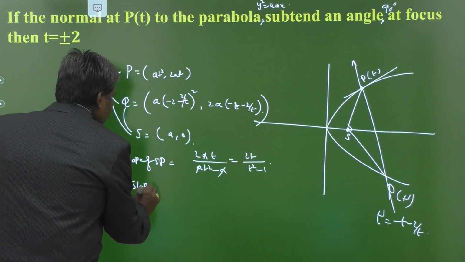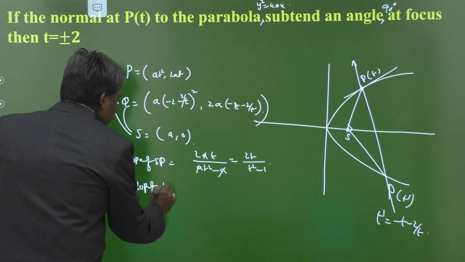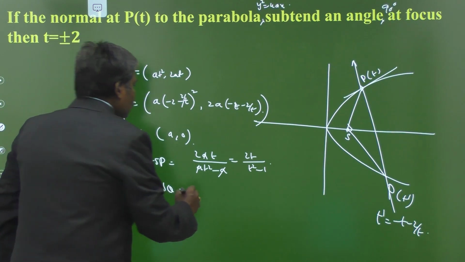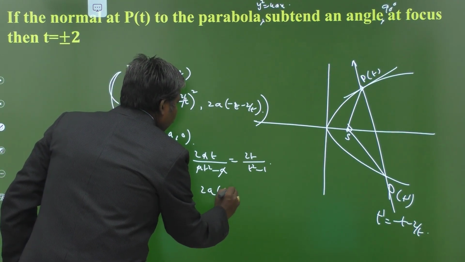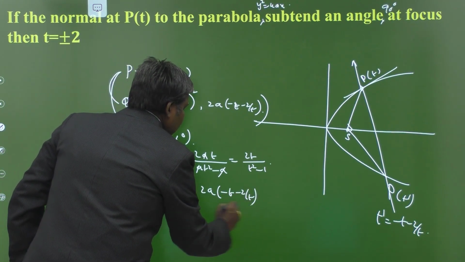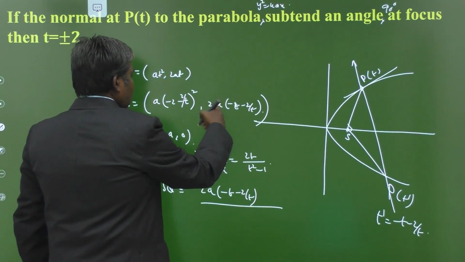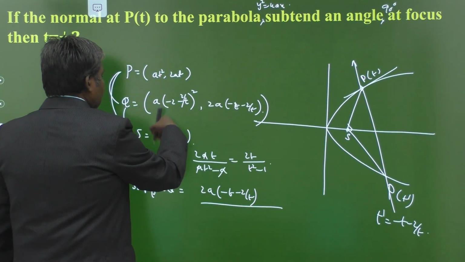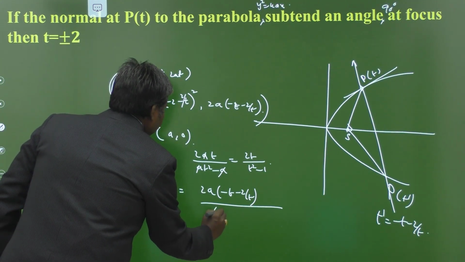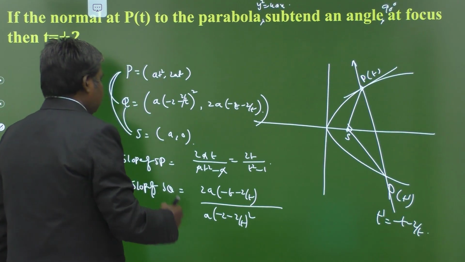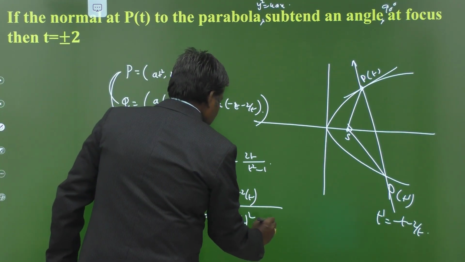Slope of SQ. Slope of SQ is what, my dears? 2a into minus t minus 2 by t, by a into minus t minus 2 by t whole square minus a.